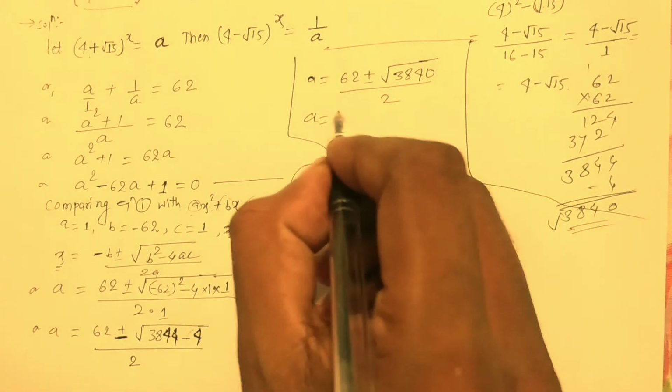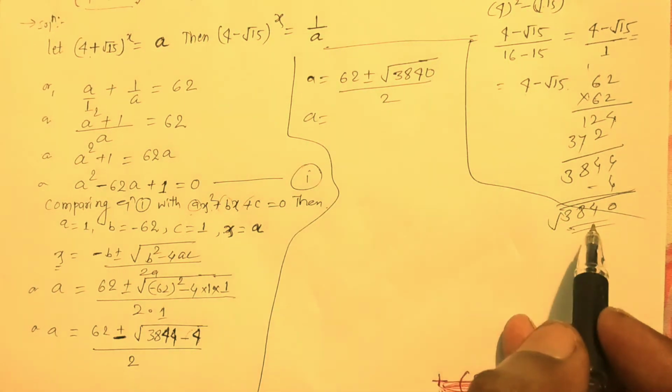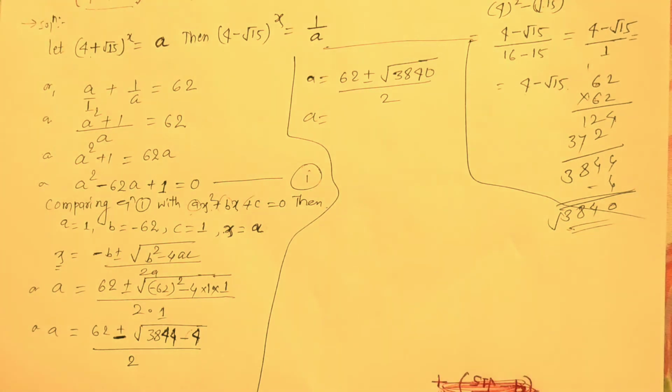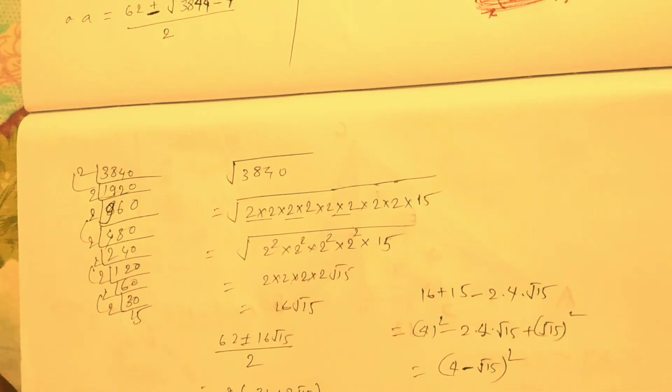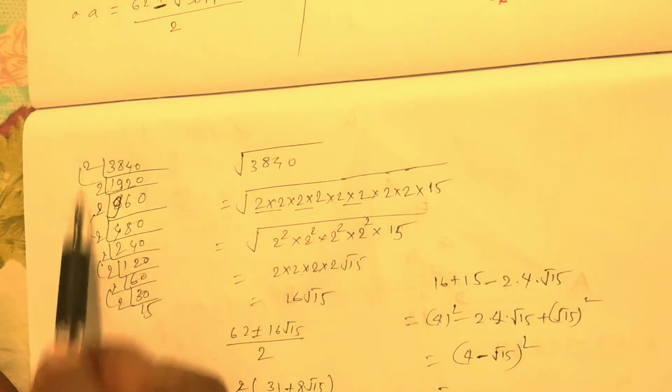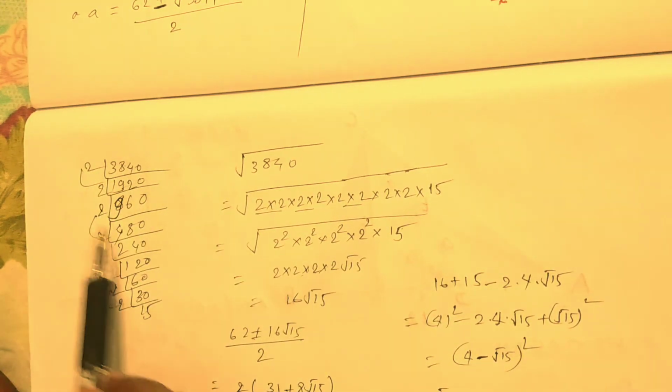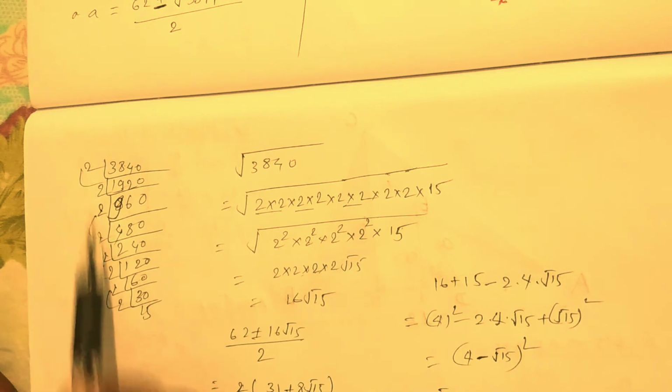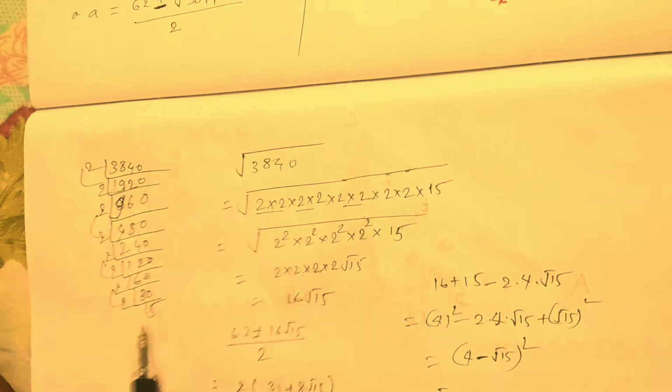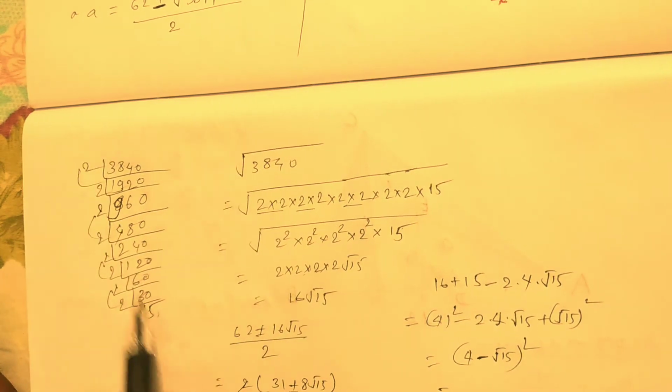Now if we find its square root, I have already factorized 3840 and got eight 2's and 15 as the factors.